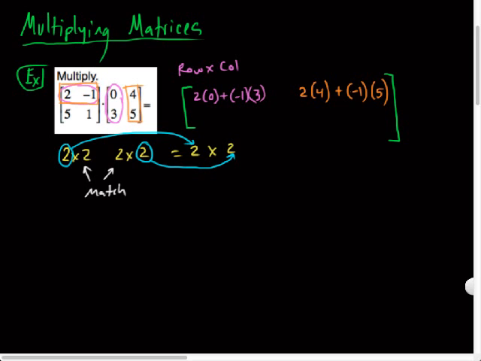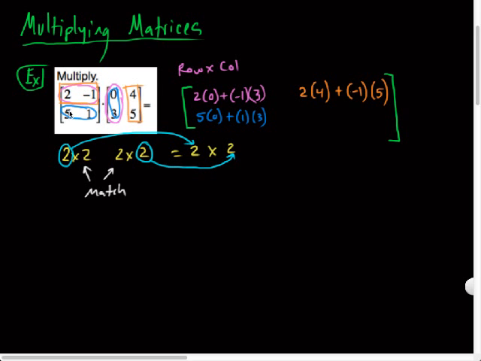And let's see, for the next one, this is the second row, first column element that I'm expecting here. So I'm going to multiply the second row by the first column. So that's going to be 5 times 0 plus 1 times 3, right? That's not that bad.